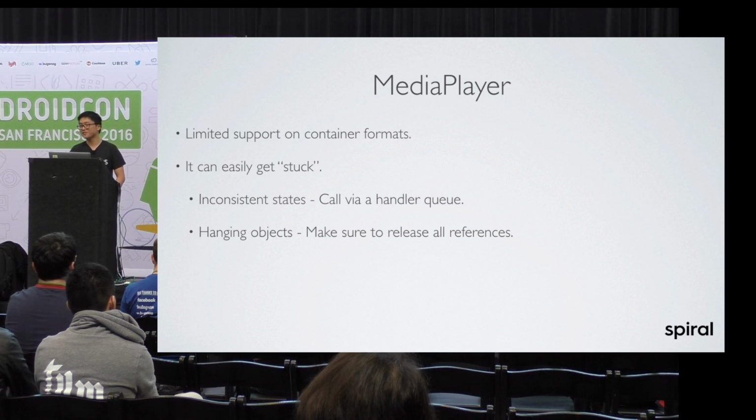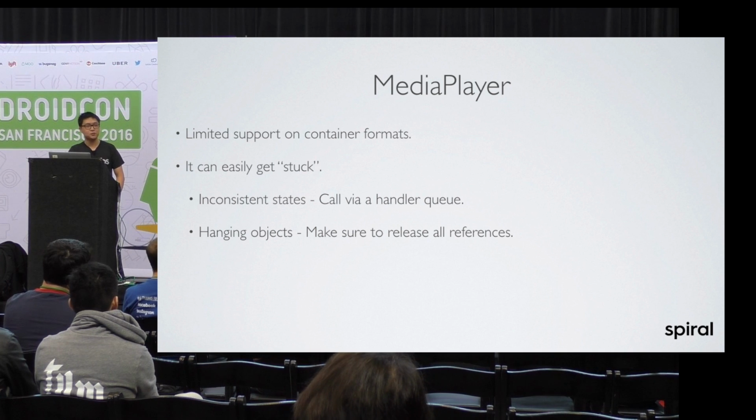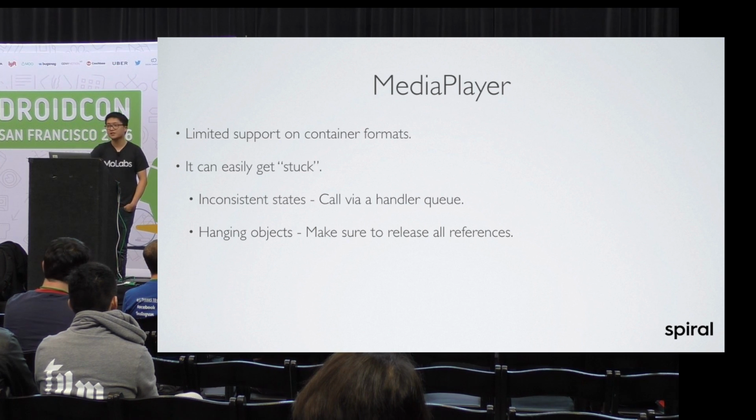I see a lot of people nodding there. I guess a lot of people have encountered this because it's really easy to get it wrong. There are ways to alleviate this problem. If you just put it on a separate HandlerThread, and you queue all your messages, and you send everything through a message, and you drop things when needed.